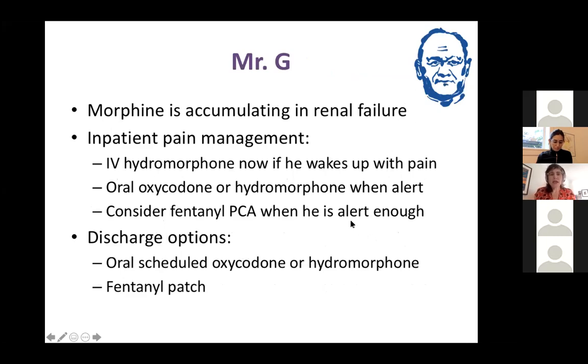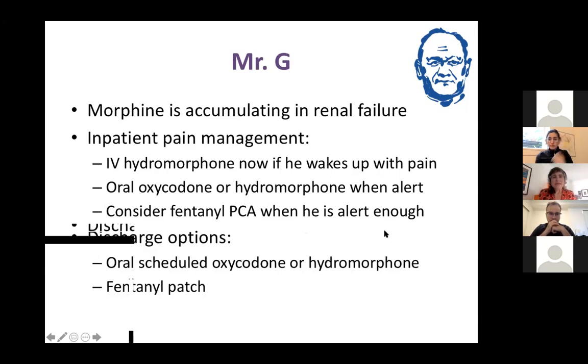So back to the case, again, morphine is accumulating in renal failure. He was on long-acting and short-acting morphine and comes in with renal failure and quite sleepy. What would you do? If he wakes up and has pain, I would give him some IV Dilaudid. When he wakes up enough to take pills or liquid, I might give him oxycodone or hydromorphone.